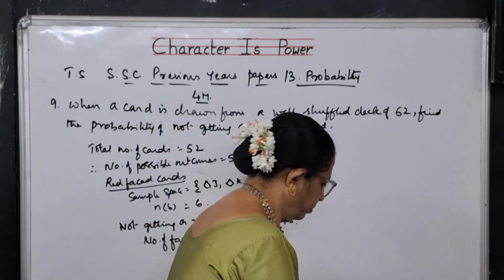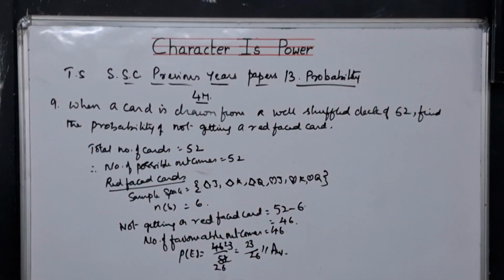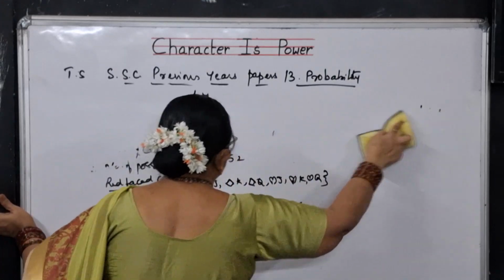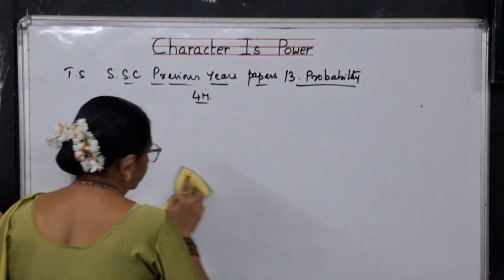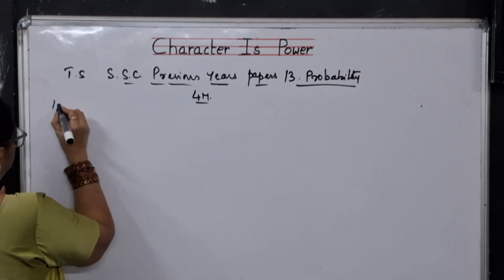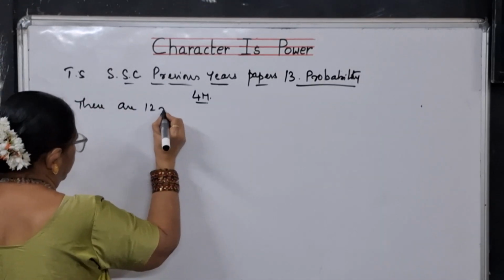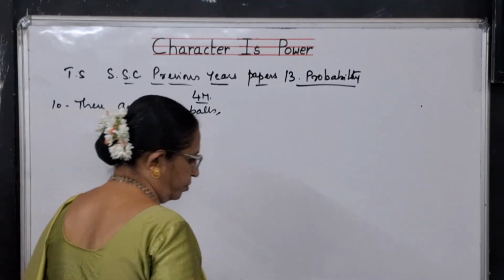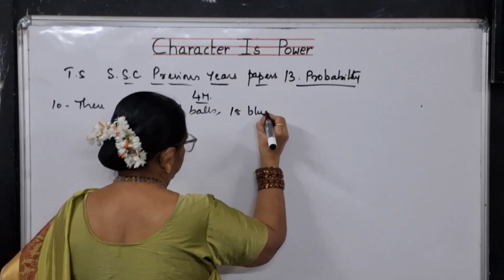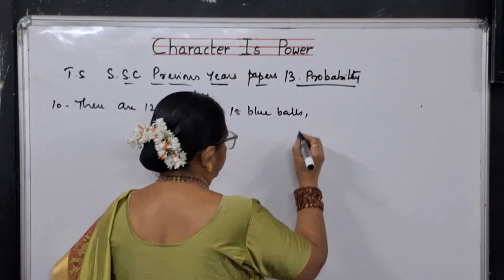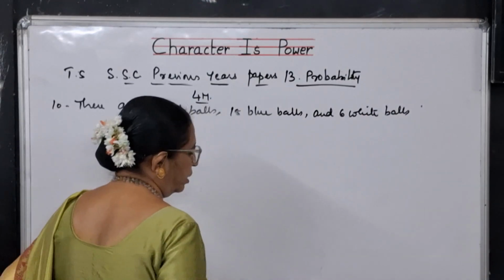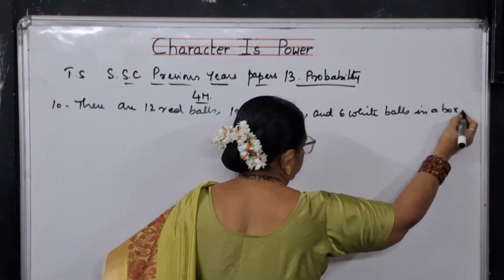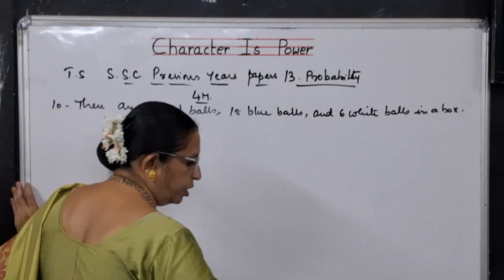Next sum. Tenth sum. There are 12 red balls, 18 blue balls, and 6 white balls in a box.